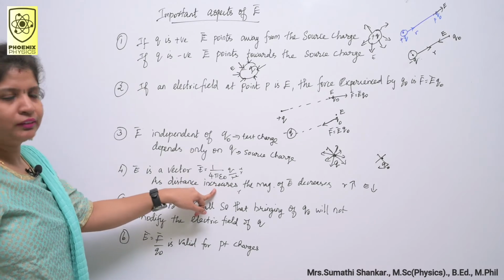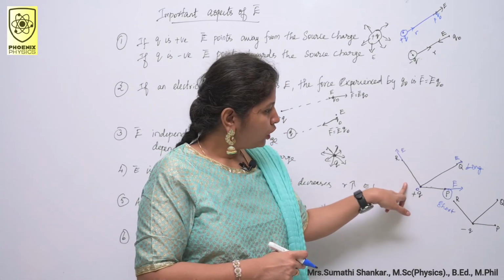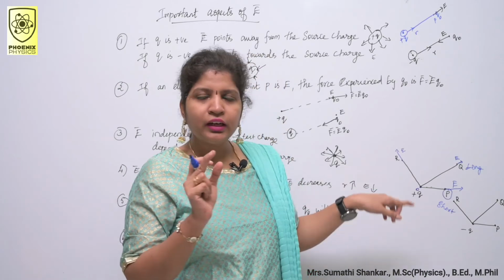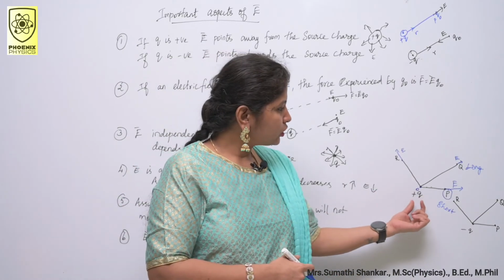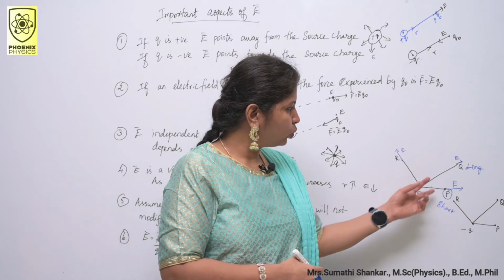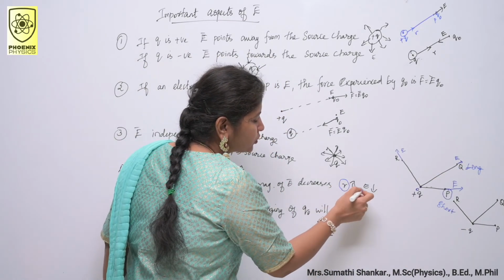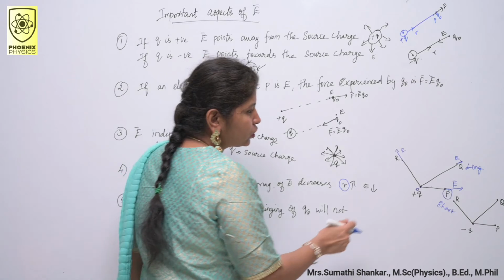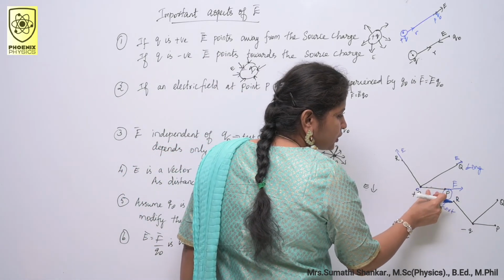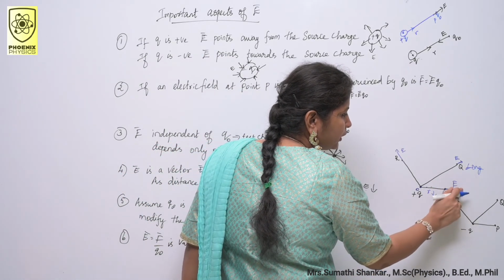Then how do you mark this electric field? Here the source charge is at O, and P, Q, R are three different points. The distance between O and P is very short compared to OQ. You know the relation, if R increases, E decreases. So here distance R decreases, so E increases.